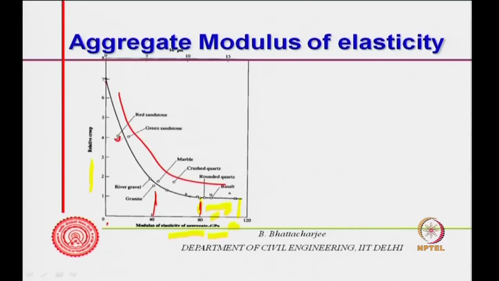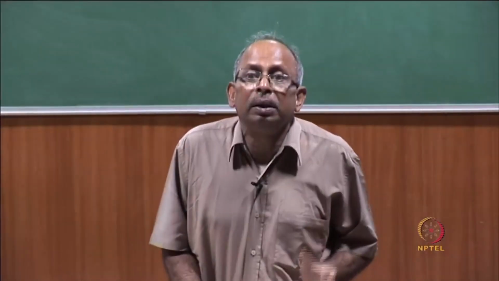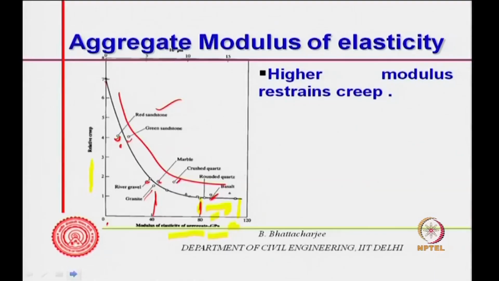Here we have red sandstone, green sandstone, marble, river gravel, granite and crushed quartz, basalt and so on and so forth. As the modulus of elasticity increases, creep reduces. So, higher modulus restrains creep. We can understand this very easily.